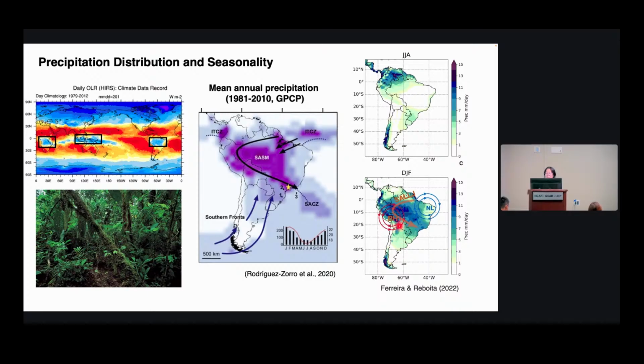We can see there is strong convection over the western Amazon and the tropical Andes, and relatively great subsidence over northeast Brazil. This east-west dipole pattern has also been reported on other timescales, like millennial and orbital timescales, but the underlying mechanism is still under debate.